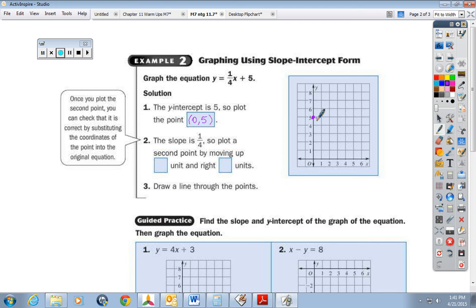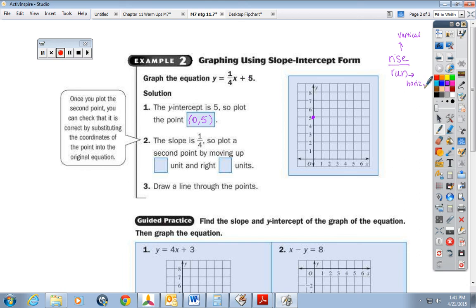Remember from yesterday: rise over run. The top number represents the vertical change, and the bottom number represents the horizontal change.